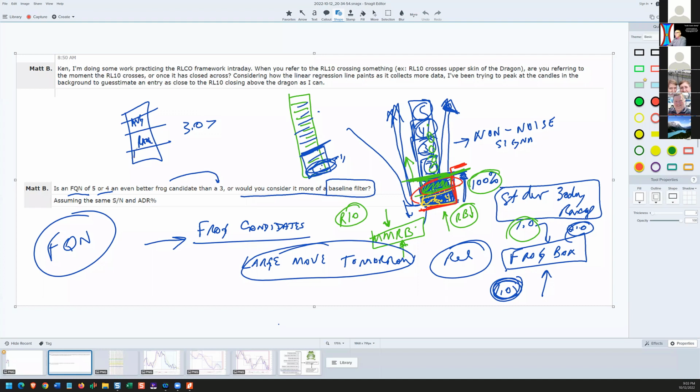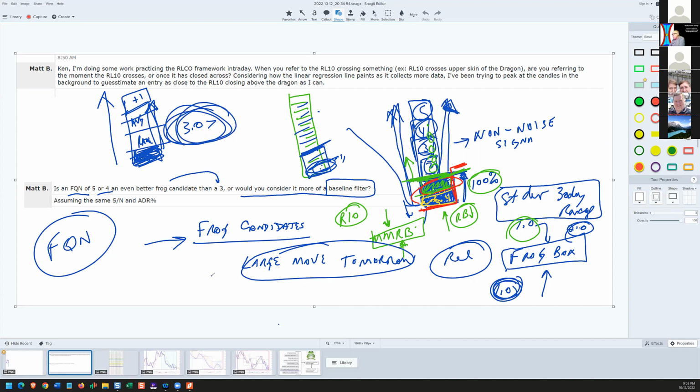Then a frog box move would give you a 2 to 1 reward to risk on a simple move to the average range. And if it moved to a range stat, you get an extra +1 frog box. So in our reasoning, if you had a frog quality number greater than 3, then you were sufficiently compressed so that an average move would give you a favorable trade-off.